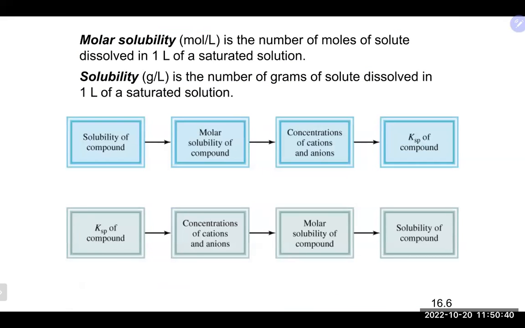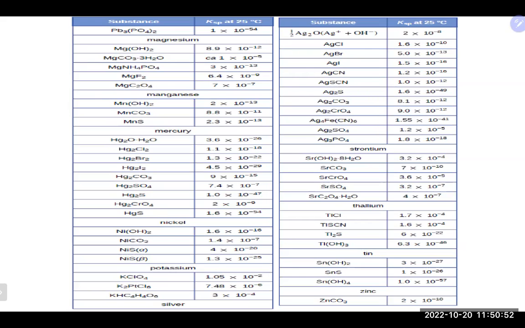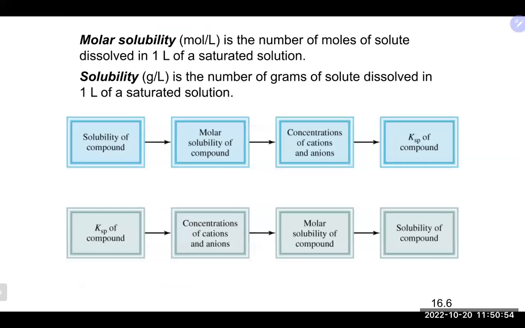There's typically two types of things that we are looking for when we're doing these types of problems. One is the molar solubility, and that is I guess a fancy way of saying molarity. The molar solubility is the moles per liter, the moles of solute that will dissolve in 1 liter of a saturated solution.